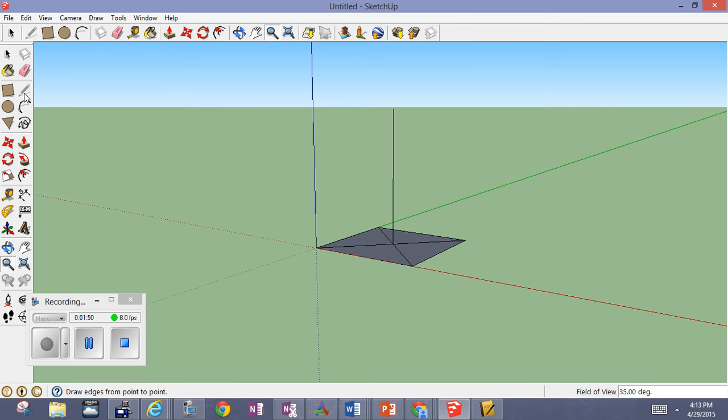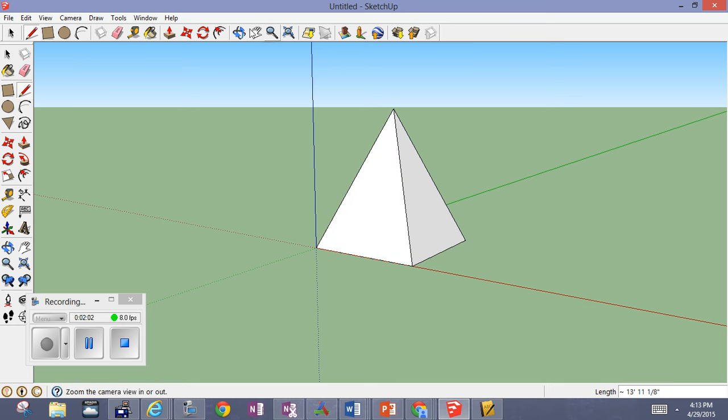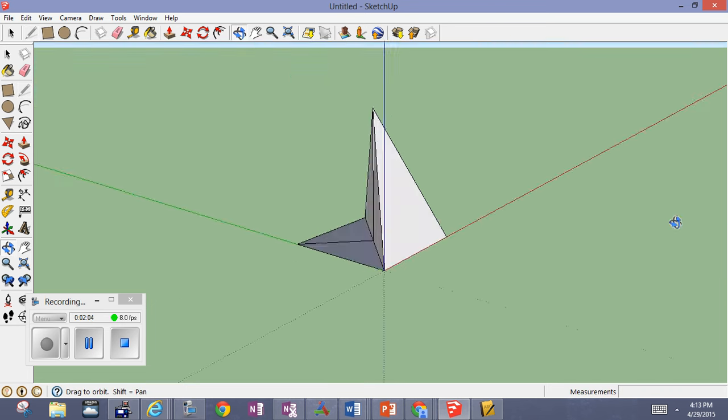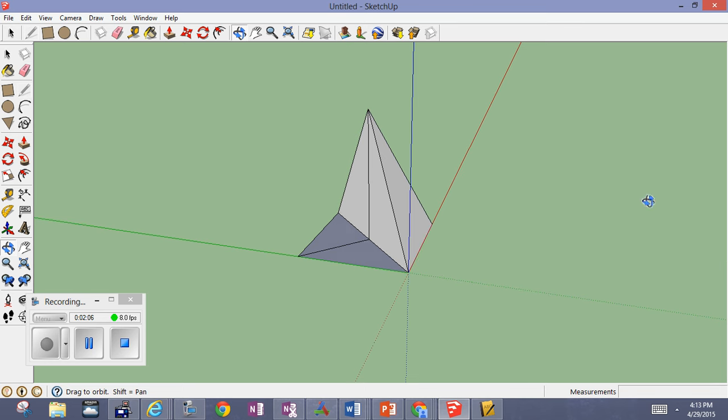Now from there I'm going to go down to each corner, and I'm building my pyramid this way. Now I have to come around and finish that off right over here, with another pencil line drawn from here to here. Okay, now there's my pyramid.